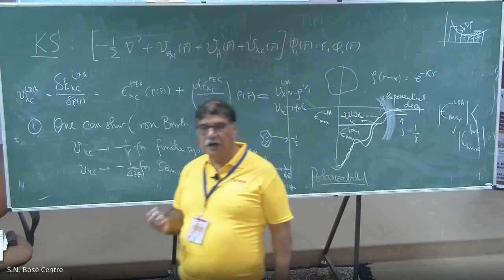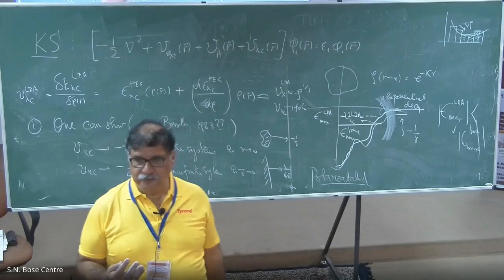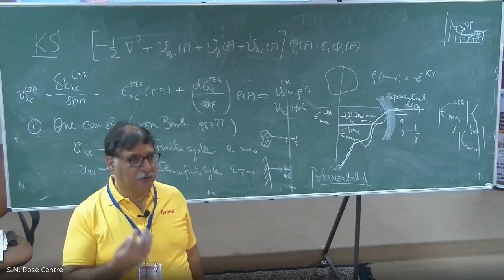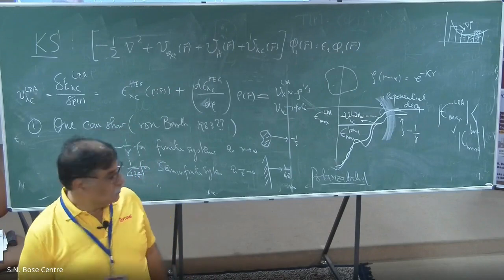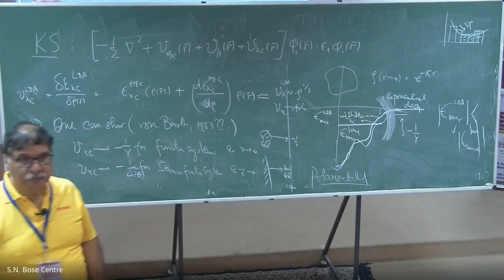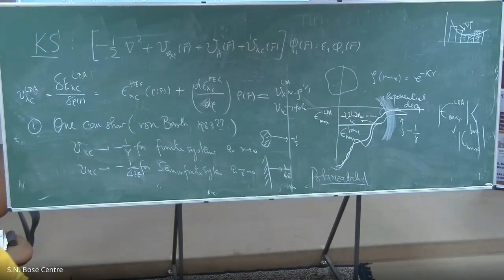Polarizabilities are not going to be that accurate. But this is what I mean when I say although numbers come out, you should know how to interpret. So for that, you have to look at these things. Don't just burp out numbers. Look at the potential. Look at the behavior of the potential. It tells you.